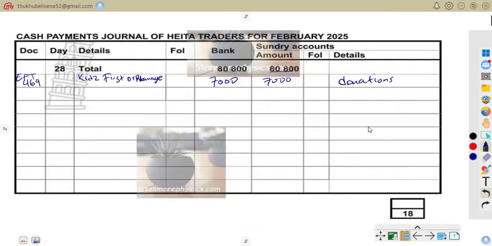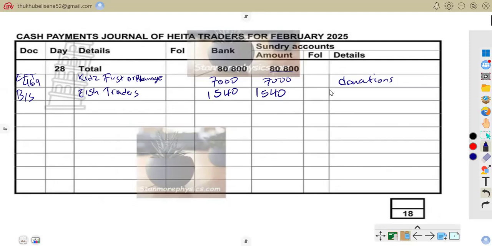So here we are on our cash payment journal, good people. We are going to write the business, so we are going to say Age Traders. How much was that amount? 1,540.